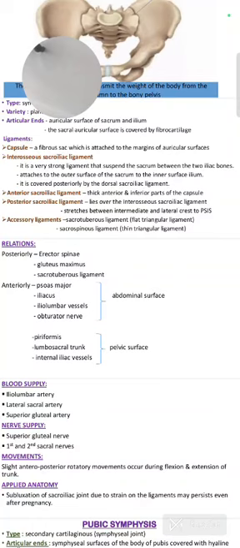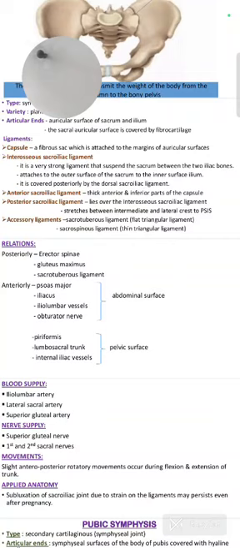Relations. What are the structures related to this joint anteriorly and posteriorly? Coming to the posterior relations, the erector spinae is located posterior to this. Gluteus maximus is located posteriorly, and the sacrotuberous ligament also lies posterior to this joint.